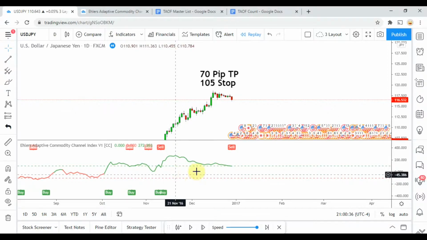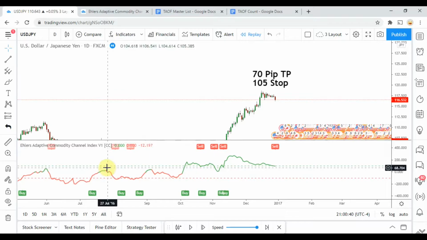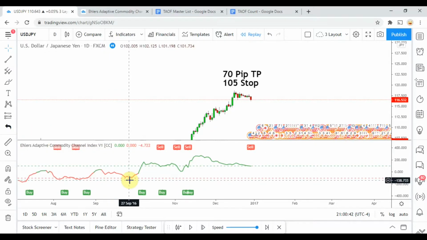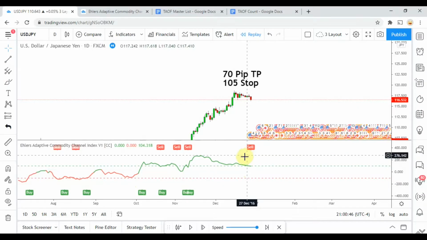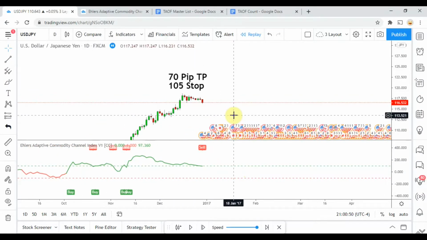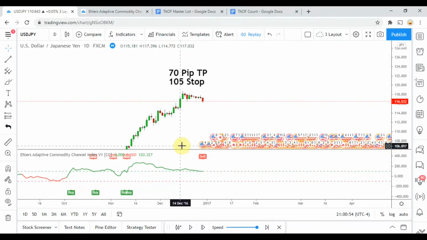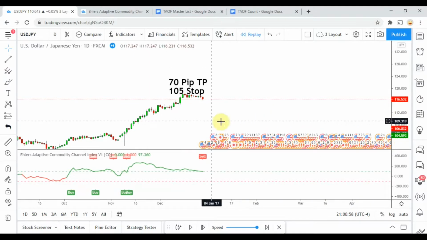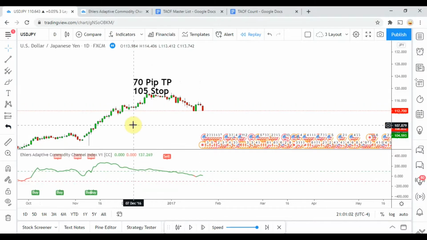And so instead of taking every single buy and sell tag that happens, we are looking for those specific ones where we get the breaks of these dashed lines, either down or up. So with that being said, that's how we are going to test it. Let's go ahead and get on with the testing process and see what we can get out of this indicator. All right, so let's see.